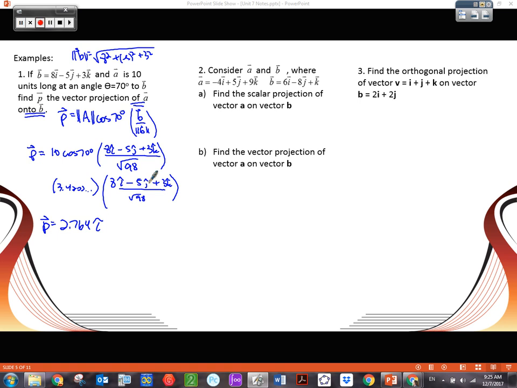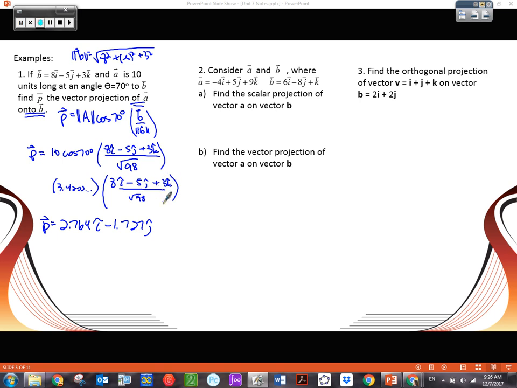Let's look at the y component. So I would multiply the 3.4 times the negative 5, divide by root 98. And that's going to give me negative 1.727 j. And then lastly, we'll work on the z component. I would multiply the 3.4 times the 3, divide by root 98.